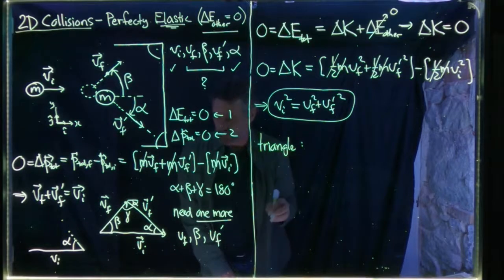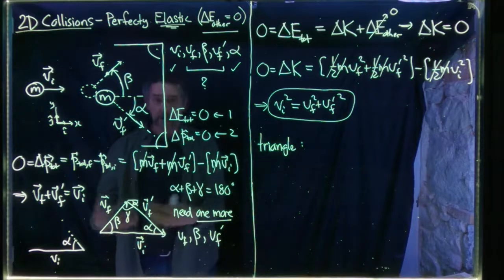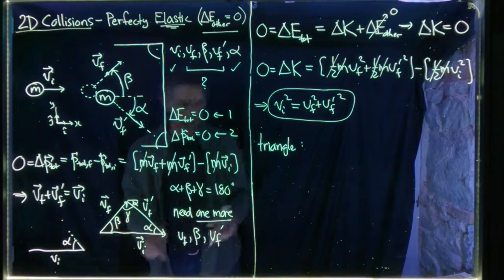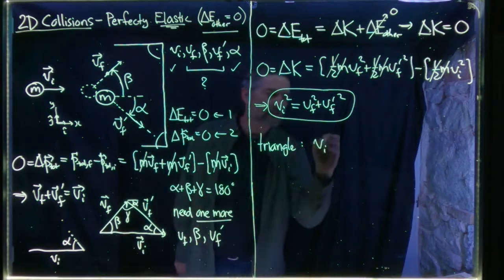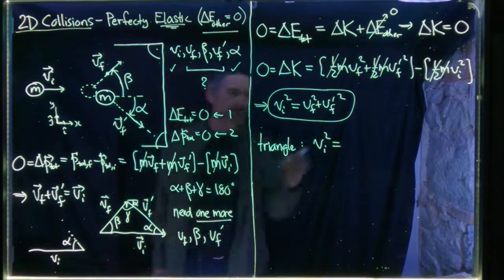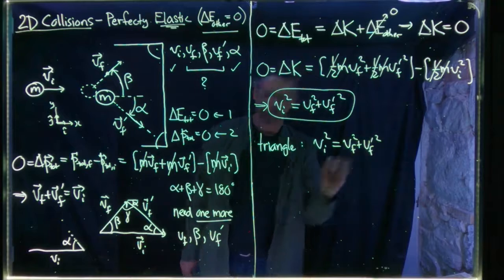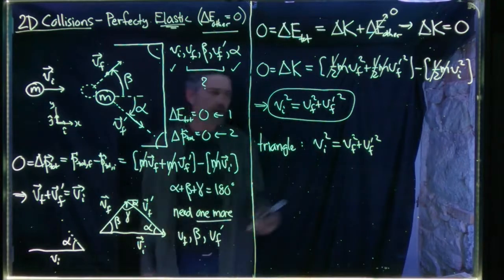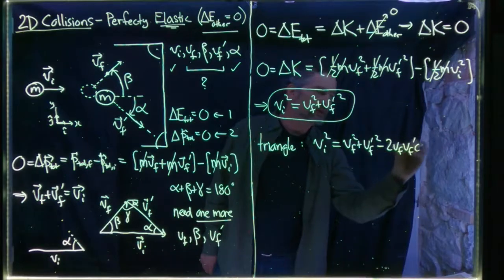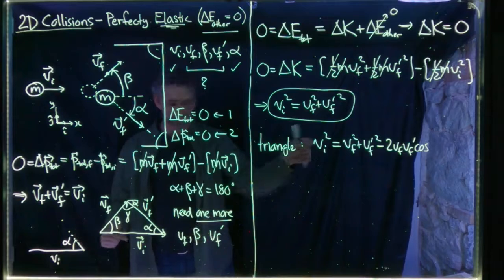But for a general triangle, we can apply the cosine rule. The cosine rule says, and this is a general rule, that this side squared, V initial squared, is equal to V final squared plus V final prime squared, the sum of the other two sides squared, minus twice V final times V final prime times cosine of the angle opposite the V initial side.